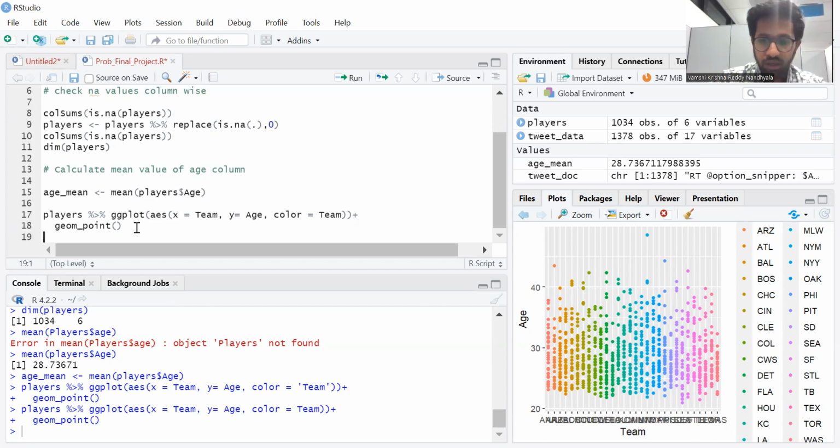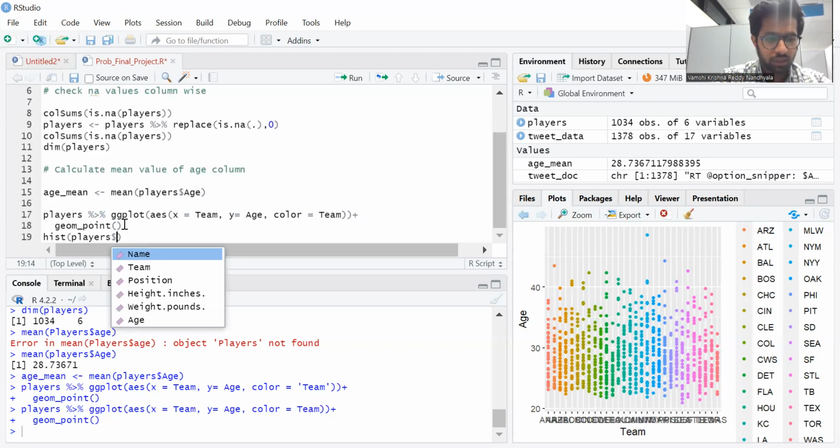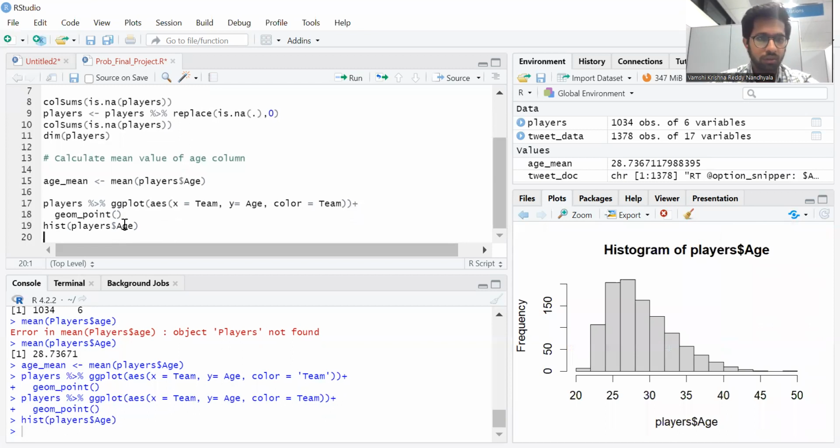So as we have calculated age mean, we can plot the histogram, not age mean histogram, player's age histogram. So hist of players dollar sign age. So this is going to give me a histogram of player's age versus frequency plot.